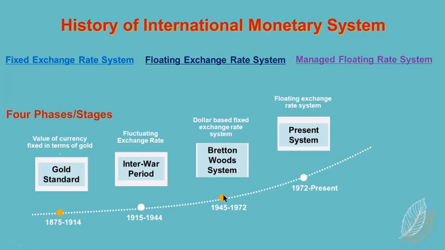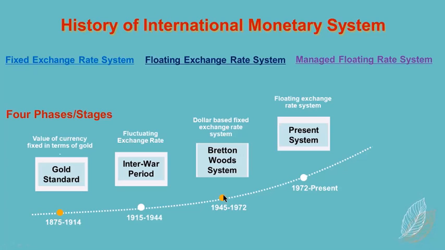Here, only the US fixed the value of its currency to gold. Only US had the right to fix the value of its currency to gold. The other currencies were pegged to US dollar and were allowed to have around a 1% band around which their currency could fluctuate.